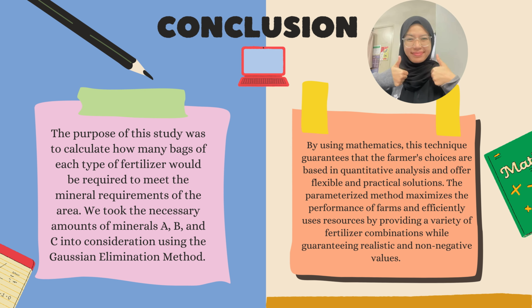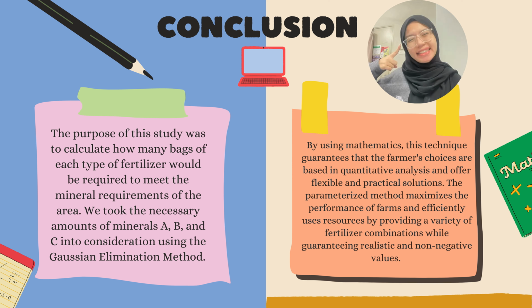Okay, now for the conclusion. We have two conclusions. The first one is that the purpose of this study was to calculate how many bags of each type of fertilizer would be required to meet the mineral requirement of the area. We took the necessary amounts of minerals A, B, and C into consideration using the Gauss-Jordan elimination method.